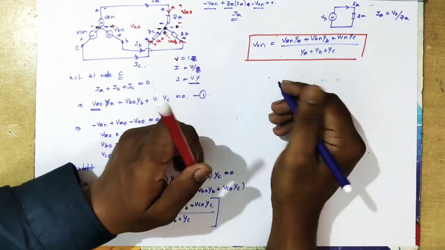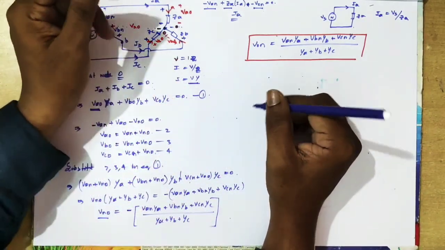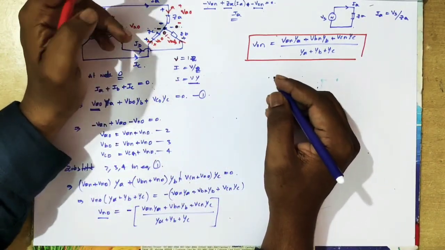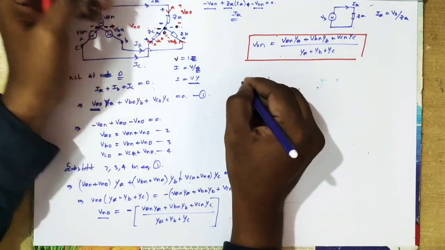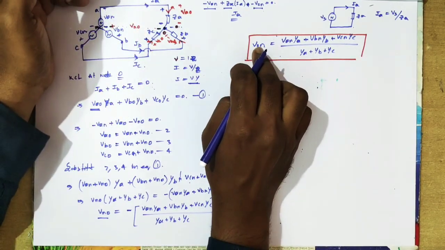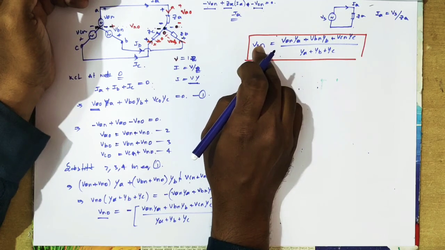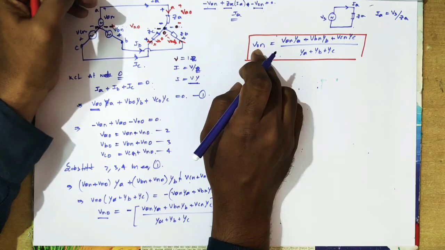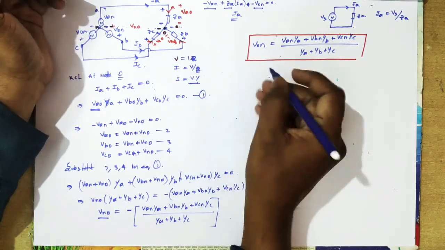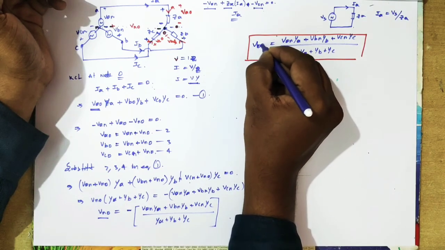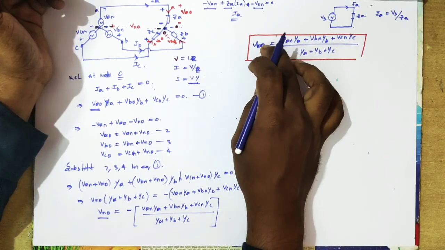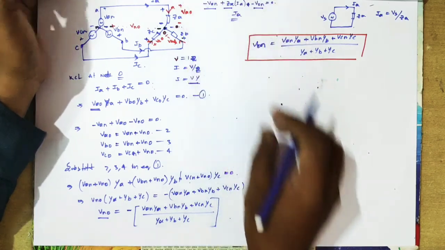Therefore we have, so if you know the V_ON, in general if you find V_ON, after finding V_ON we can find V_A naught. So we have the equation.